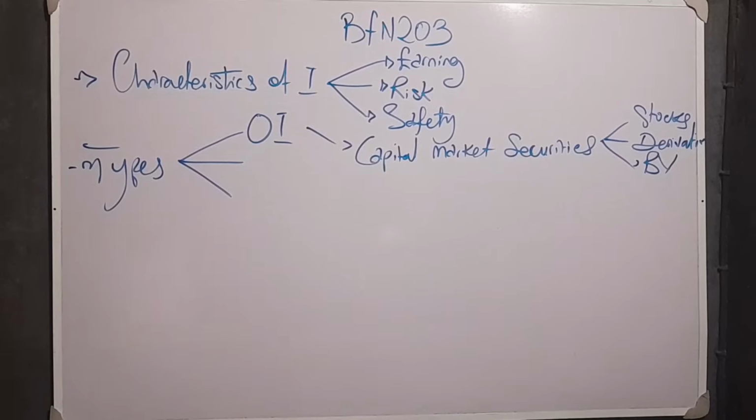So now, when we talk about stocks, at this level I believe you understand what it means by stock. But just to mention a few, when you hear of stocks, we are talking about units of shares you purchase, and this gives you the privilege to become the co-owner of a company.